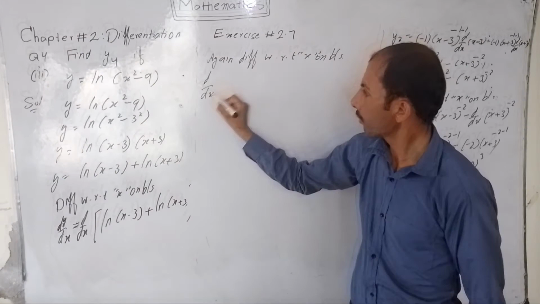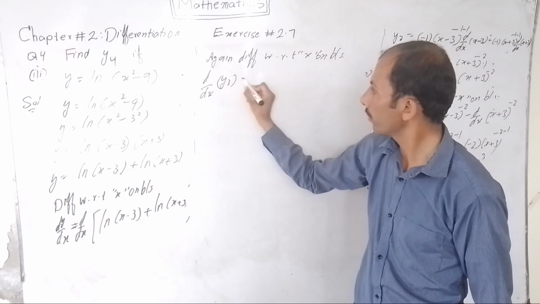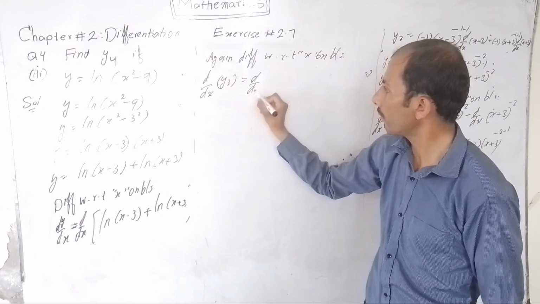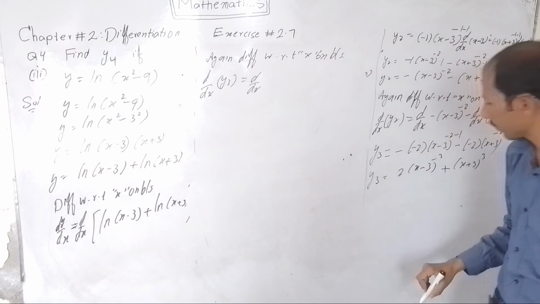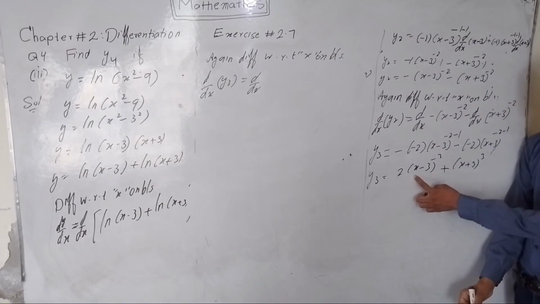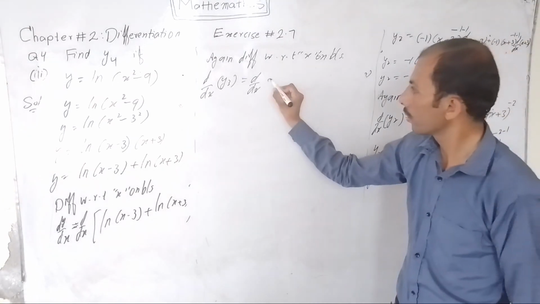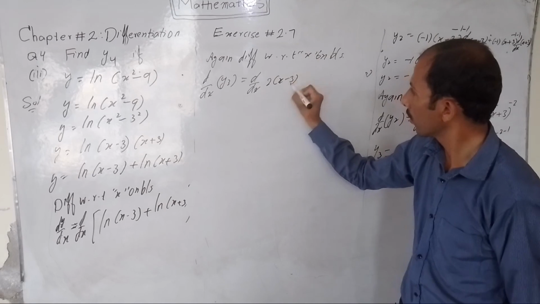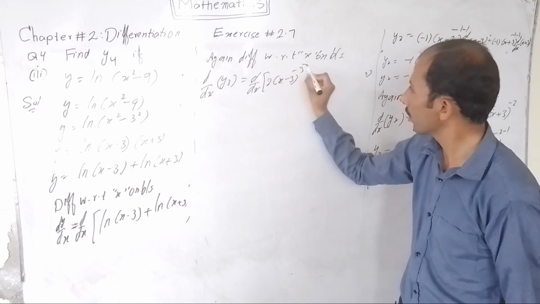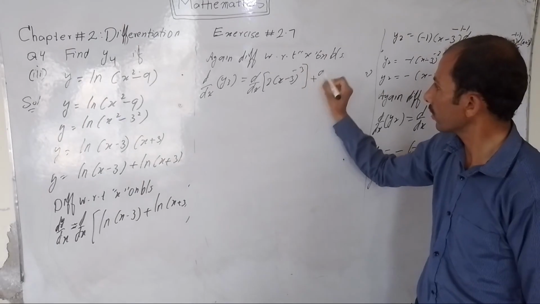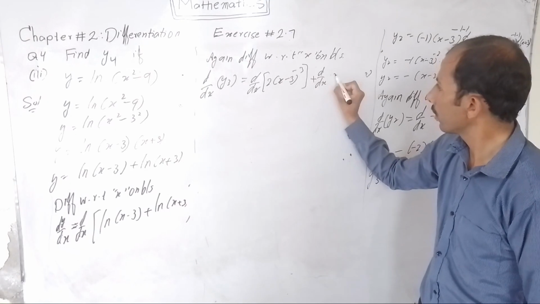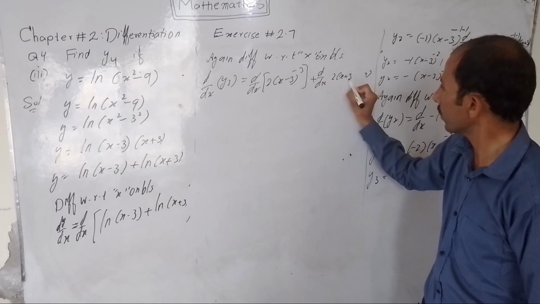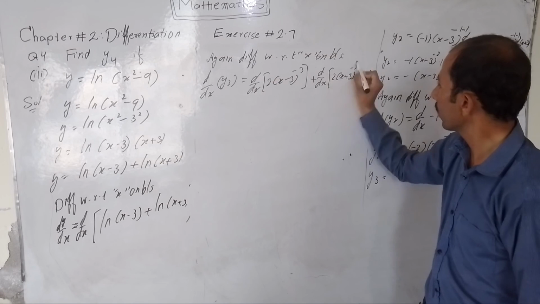Derivative of y3 is equal to derivative of 2 into (x minus 3) whole power minus 3 plus derivative of 2 into (x plus 3) whole power minus 3.